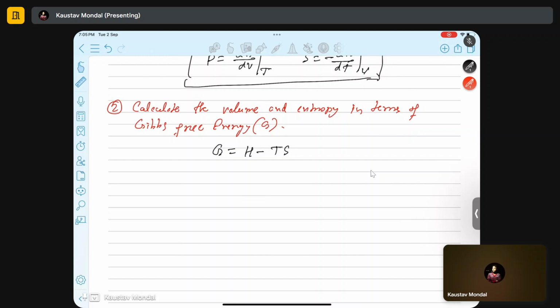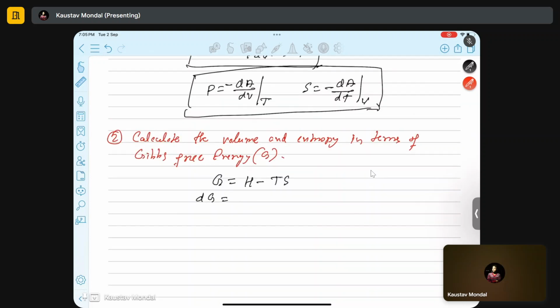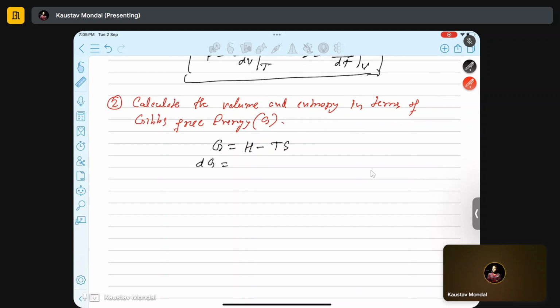We already know the expression of the enthalpy from our previous discussions. First write this in differential form: dG will become dH minus TdS minus SdT.